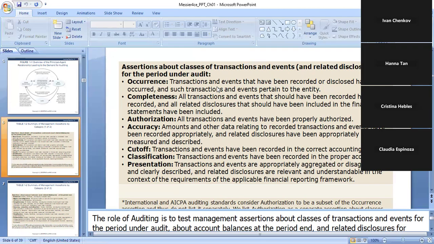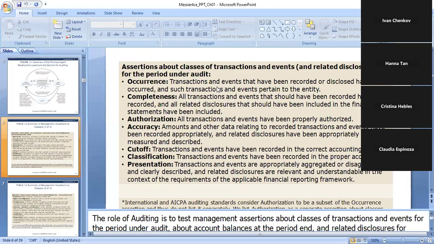So the truck has been purchased. We're checking, yes, it actually has been purchased. Yes, the transaction was recorded in the journal entry. Yes, it was properly authorized. The accurate amount was recorded in the transaction.